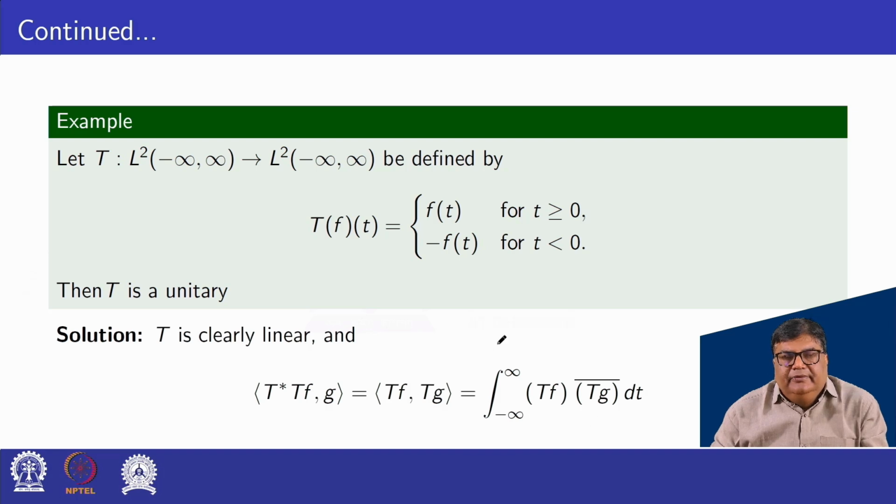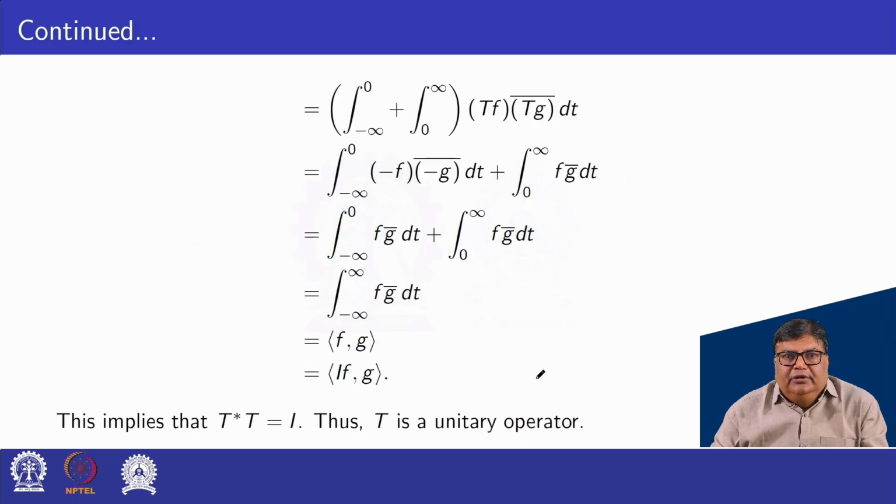This is by the definition of the inner product of L2. Here Tf(t) is defined in two ways, for t greater than or equal to 0 and t less than 0. So we break this integral into two terms: the integral from minus infinity to 0 plus 0 to infinity.